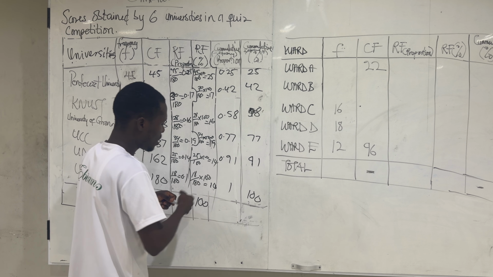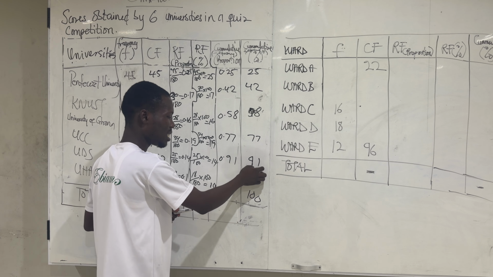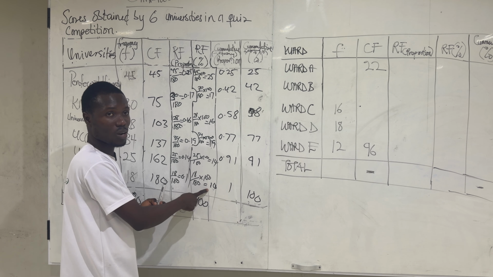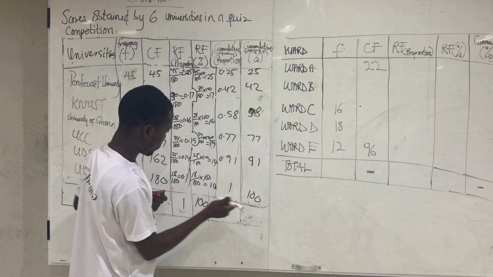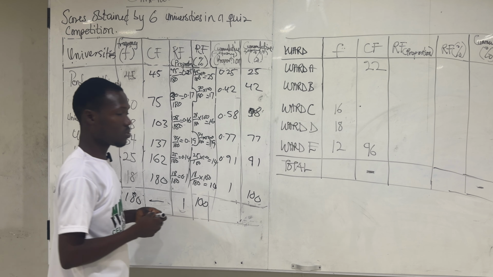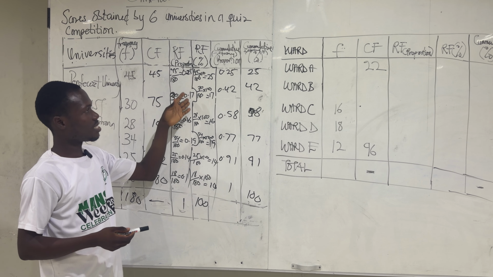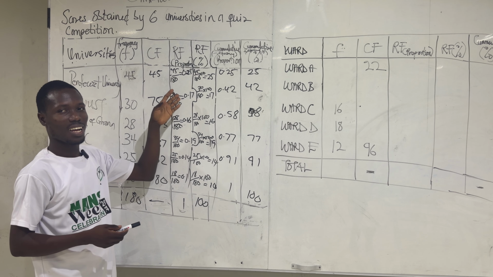Now we are going to get 91 plus 10, and that will give us 101.